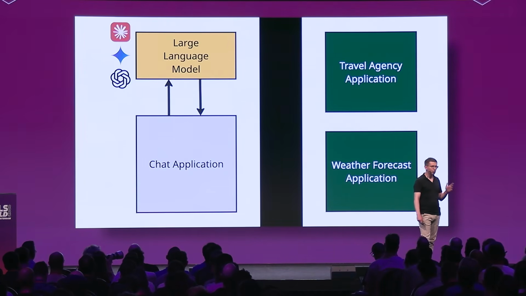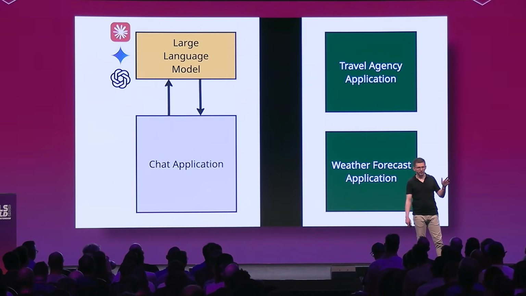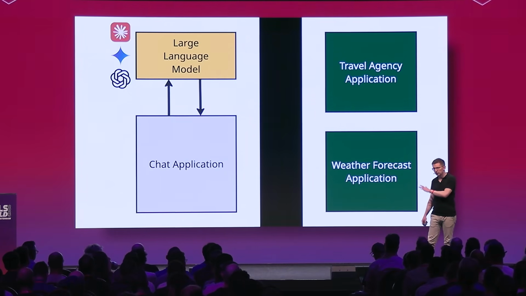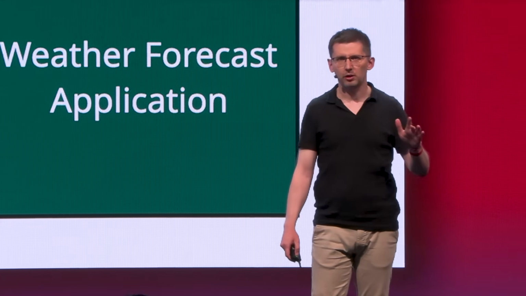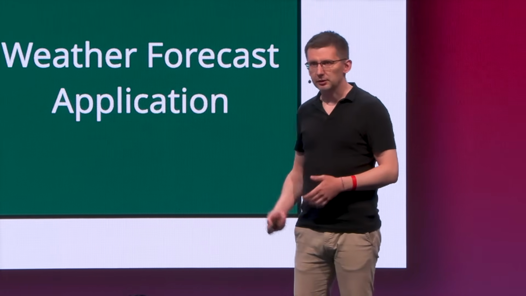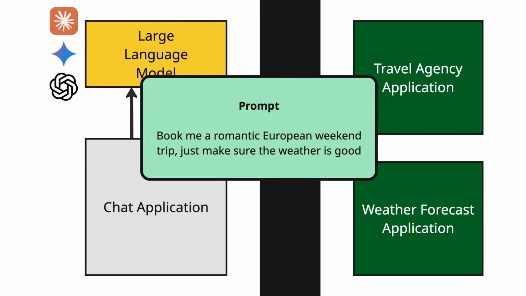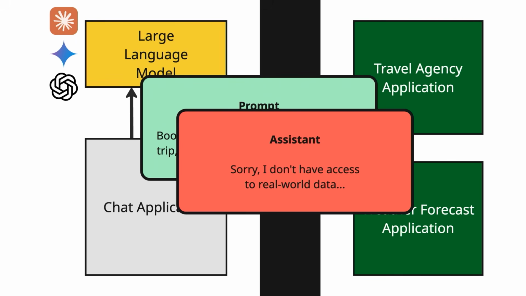Yet there is a thick wall between LLMs and normal websites. It's because LLMs have no power of accessing the content in the real-life world, in the current world, in the classical applications. So a prompt asking to book a European romantic trip has no chance of succeeding. Because again, LLMs have no access to real-world data.